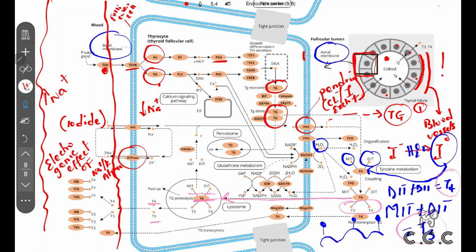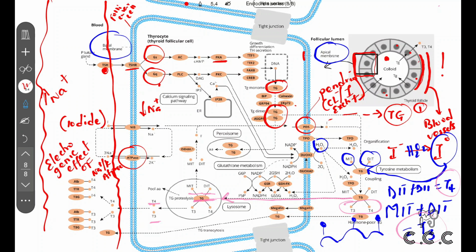Something else we need to know is that when it's pushed back into the circulation, they are actually bound by binding globulins, which are normally produced by the liver, that help to hold these hormones, because they are not able to freely flow in the blood like maybe other peptide hormones.